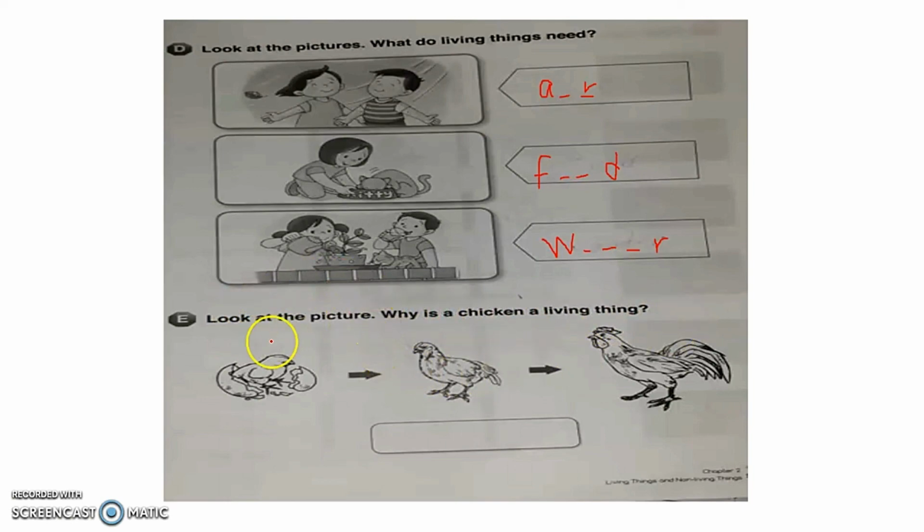Of course, a chicken starts with an egg and becomes a hatchling, then a chick, and then an adult chicken. So the answer will be, okay, let's start it here.